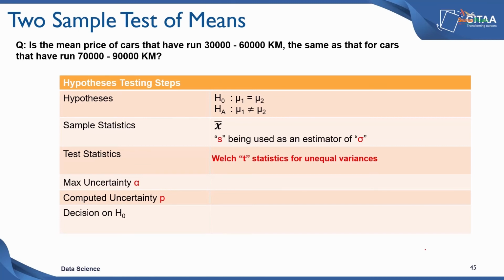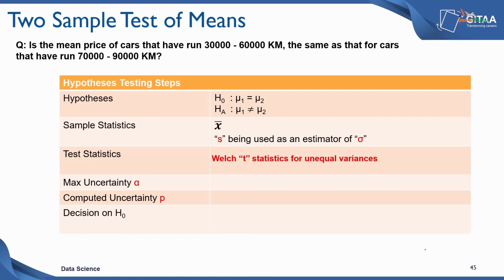Supposing the earlier test had indicated that the variances are equal between the two groups, we would have used a simple t statistic, whereas we are going to use a variation of the t statistic called the Welch t statistic, because the variances turned out to be unequal between the two groups.